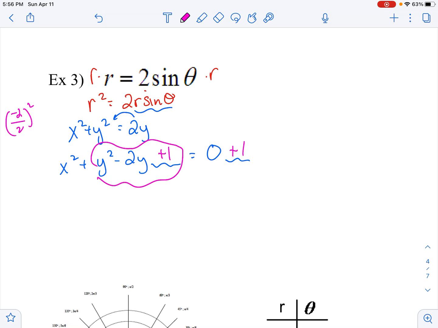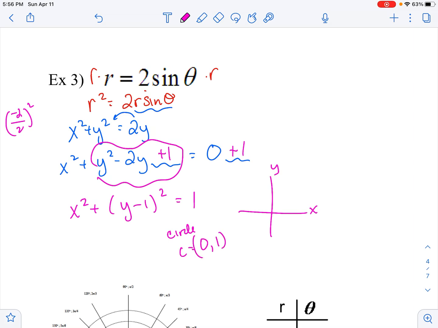Factor out that y squared minus 2y plus 1, and that gives me x squared plus (y minus 1) squared equals 1. So on a typical xy axis, this is a circle with a center of (0, 1) and a radius of 1.